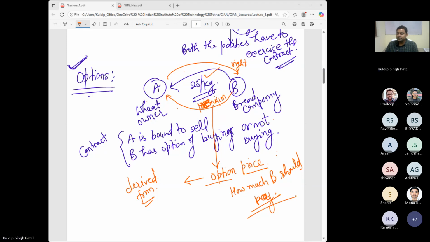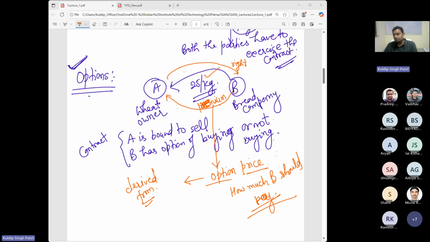Agree? So now, what is this premium? How is it calculated? Don't you think it should be calculated very accurately? Otherwise, what will happen? If the company charges less from us for health insurance, they will go in loss. They are charging less, their cost is more, so they will go in loss.